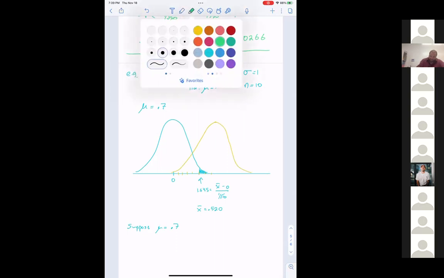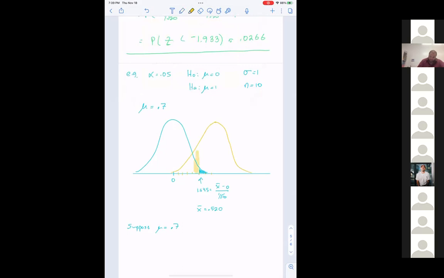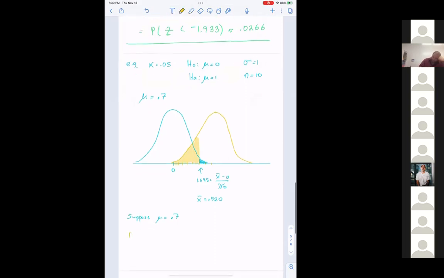So the probability of making a type 2 error is the probability of being to the left of 0.520.